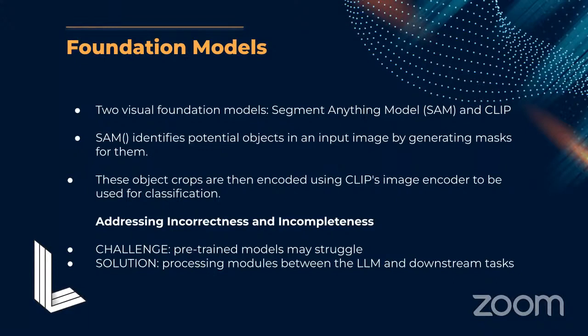One of these models is Segment Anything model, which can accurately locate candidate objects, and the other one is CLIP, which classifies them. And Instruct2Act combines the capabilities of these foundational models in order to understand complex high-level human instructions and translate them into policy codes for robots to follow.